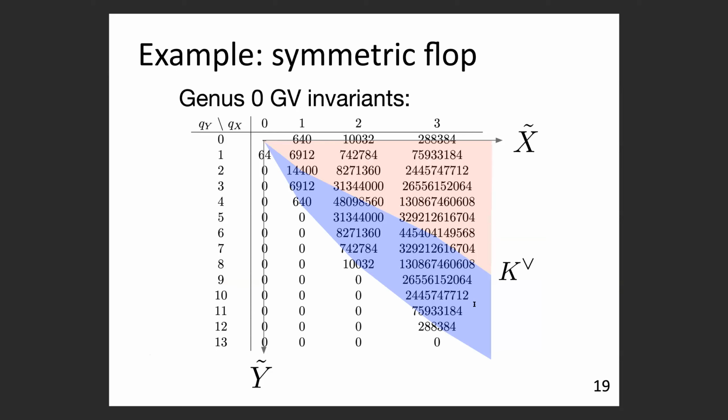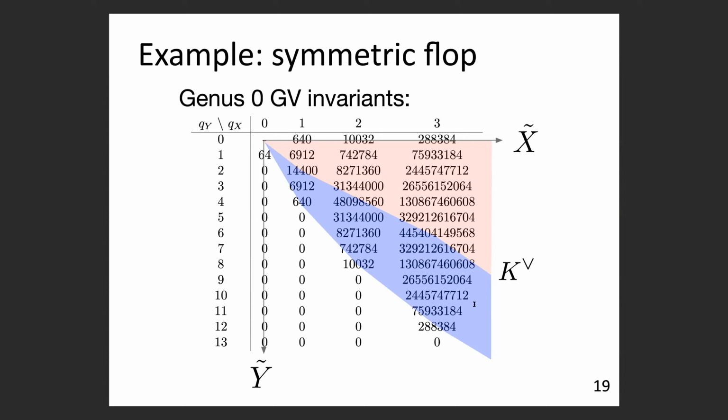Now we want to know, are there infinite towers of BPS states everywhere in this K check region? So I'm going to compute the GV invariants. This is counting BPS states, at least counting them at large volume.